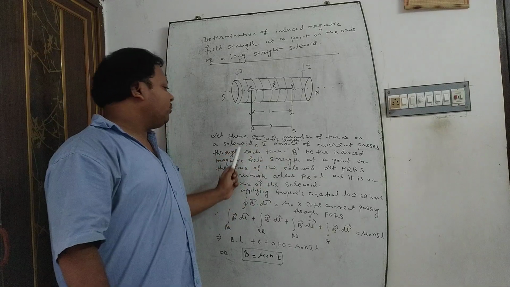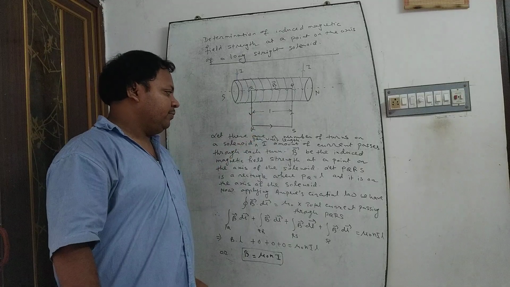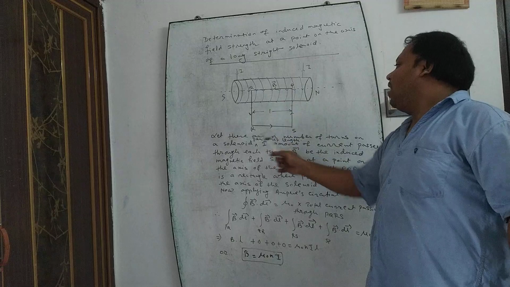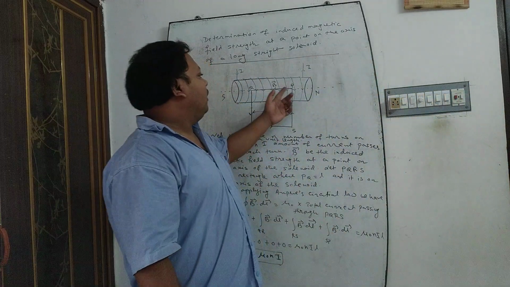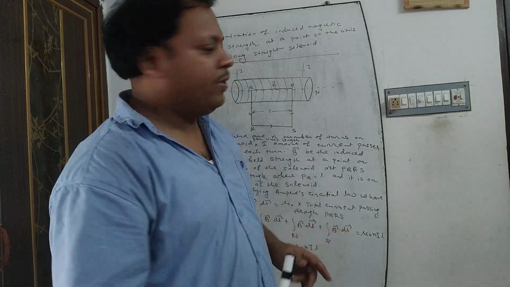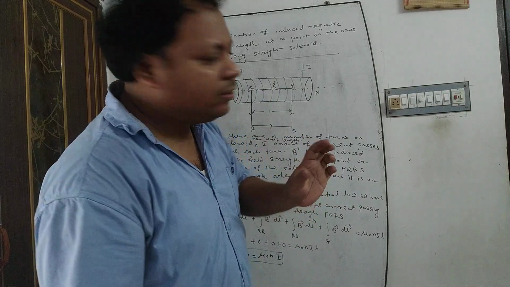B be the induced magnetic field strength at a point on the axis of the solenoid. Now let PQRS be a rectangle where the length of PQ or RS is small l and PQ is on the axis of the solenoid.